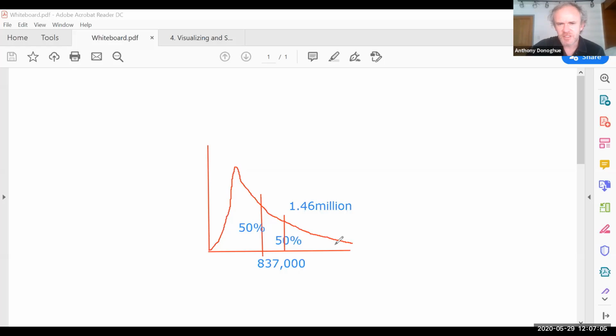These extremely high prices pull the mean up towards them, where the median will always remain in the center, no matter how skewed it is. That's important to know, and it's because in the equation for the mean, you're going to have much larger values at the top, divided by the same sample size. It pulls that value up towards it, where the median will always remain in the middle.